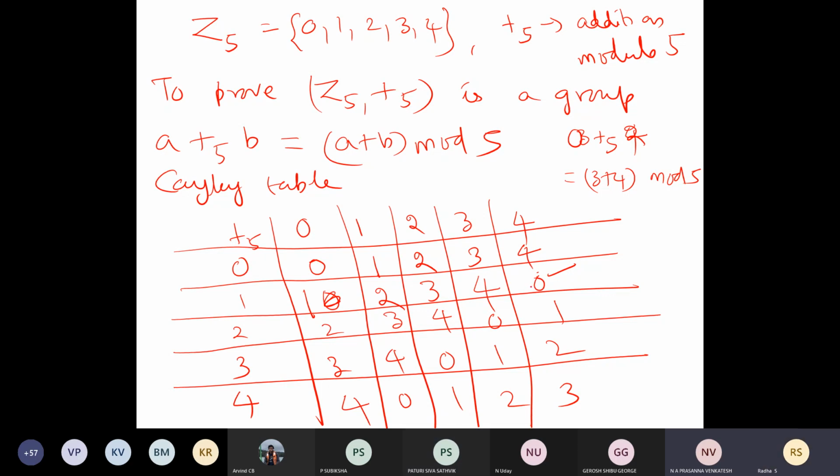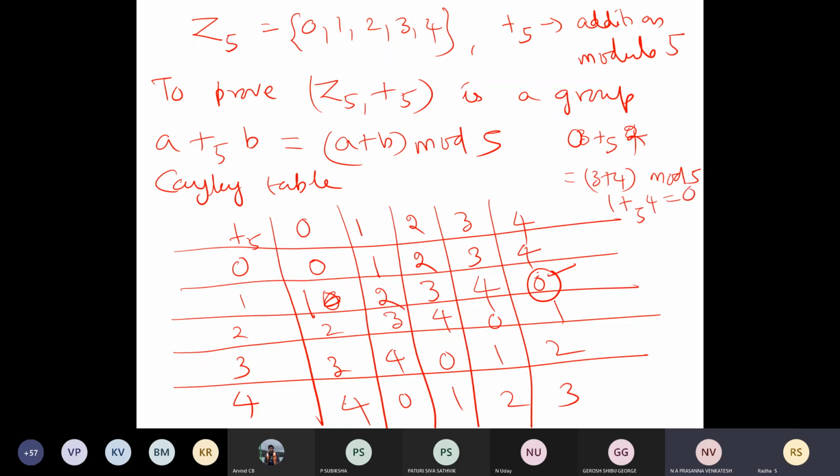Okay. So what is the inverse of 1? If you add something with 1, you should get 0. What is that? Let's see along row 1. 1 added with 4 is 0. So 1 addition modulo 5, 4 is 0.